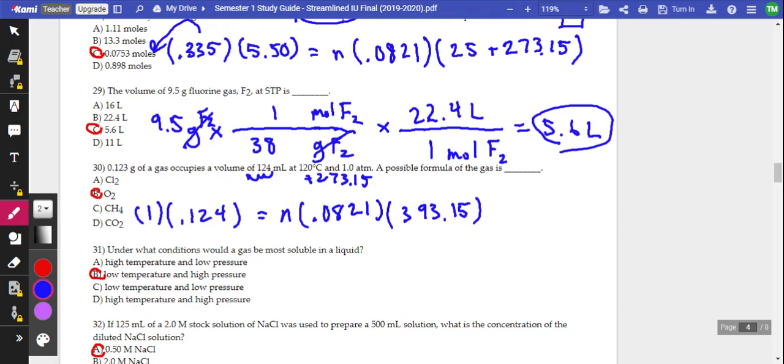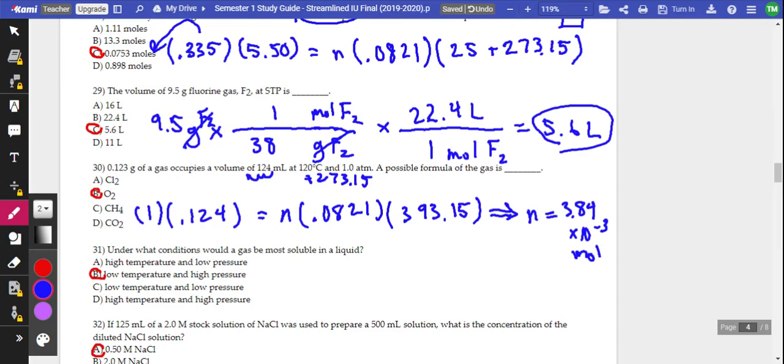I get 3.84-ish times 10 to the negative third. So n equals 3.84 times 10 to the negative third. There we go. Okay. So that's good. And that should be moles.